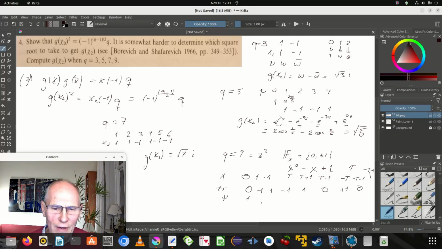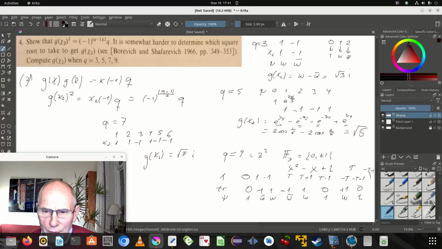And since we only have 3 values, this is omega bar, omega, omega bar, omega, unity, omega, unity. 1, 2, 1, 2, 3, 1, 2, 3. We have 9 elements, so we should have 3 of each. 1, 1, 1, omega, omega, omega, omega bar, omega bar.